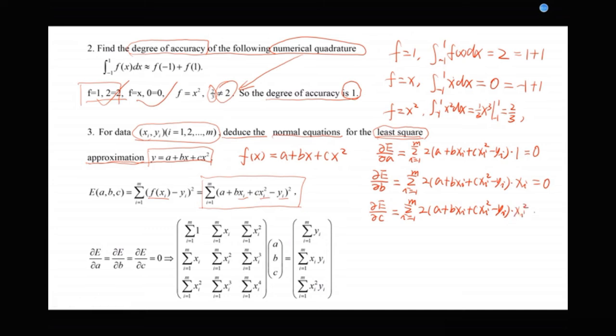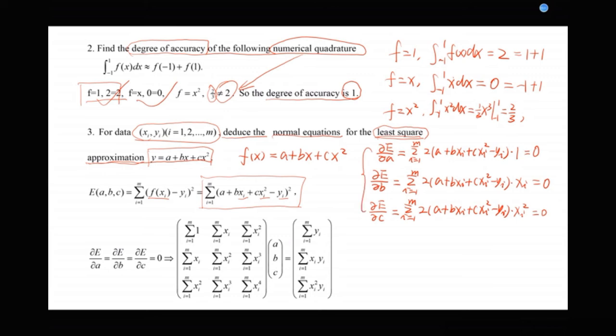So this is the third equation, partial E, partial c. In our lecture, we only considered the linear case, so we only had a and b. But now we add one more term, so we need partial E, partial c like this. Clear?